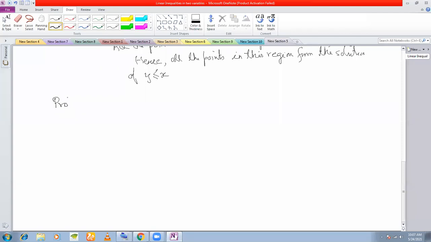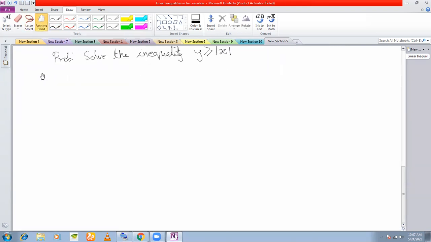The question here is, solve the inequality y greater than or equal to mod x. Now if you remember, last day I told you what the meaning of mod x is. Mod x does nothing but change any number to a positive number.